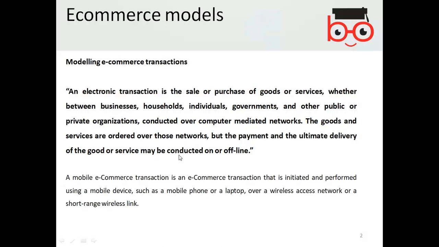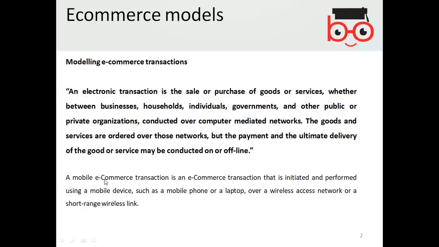Services may be conducted obviously online or offline. It doesn't make any difference, but the sale or product could happen on the internet, so that's called the e-commerce. Possibly the payment should also have gone through, but if the payment is paid by a check or something like that, it is also e-commerce because you sold something online.